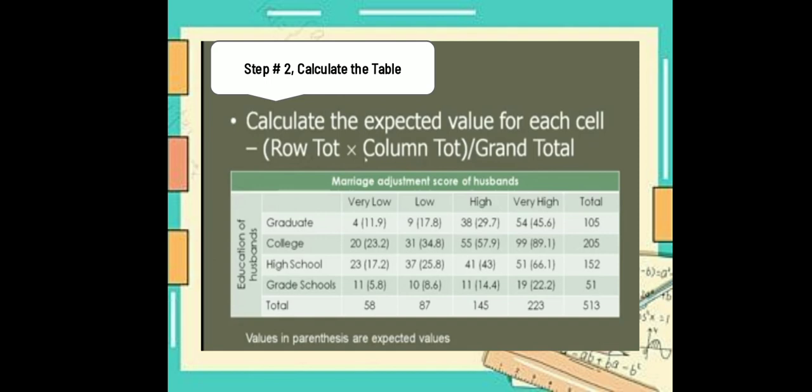So we get the expected value of 11.9, which is in parentheses in the table. All of the cells have parentheses, which represent the expected values.